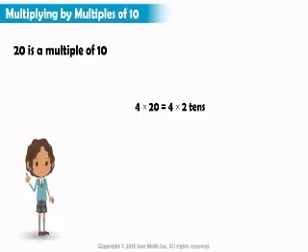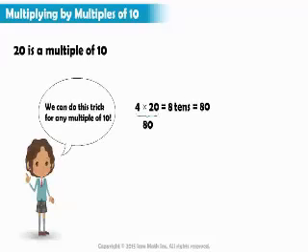How many tens will we have? It will be 8 tens. 8 tens can be written as 80, which is the same as multiplying 4 by 2 and then putting a 0 after finding the product.